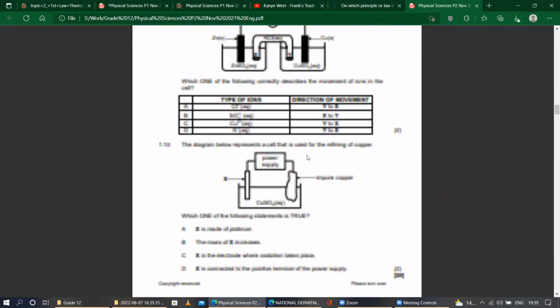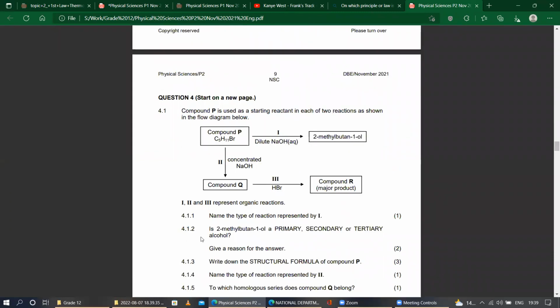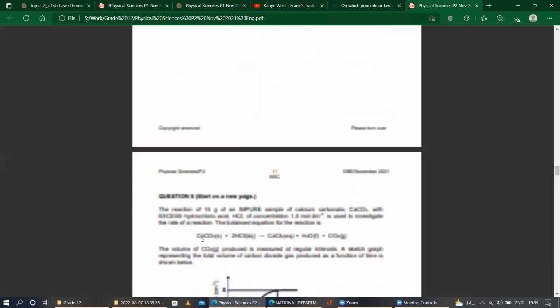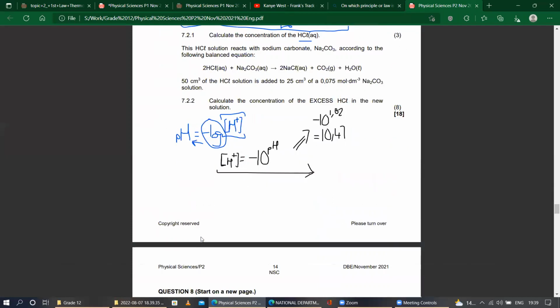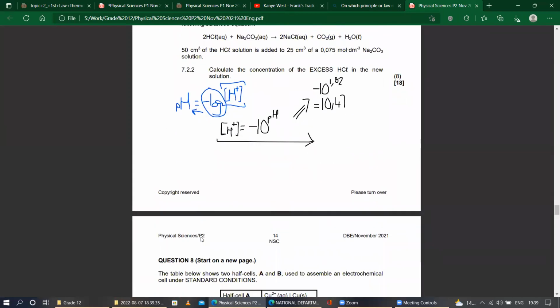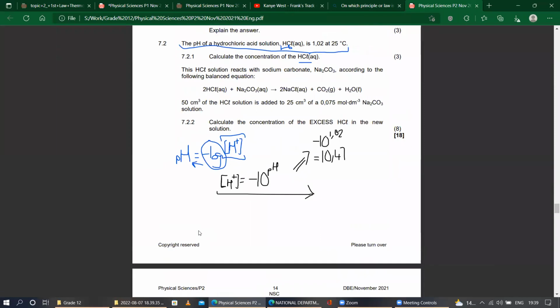So let's go to question 7. Then they say this hydrochloric acid solution reacts with sodium carbonate according to the following balanced equation.